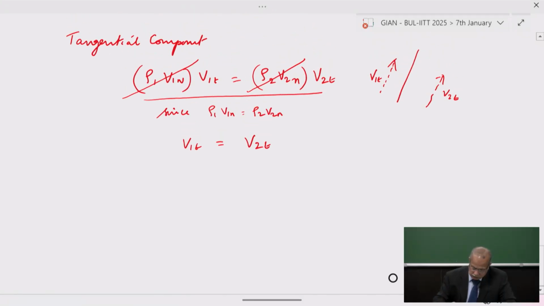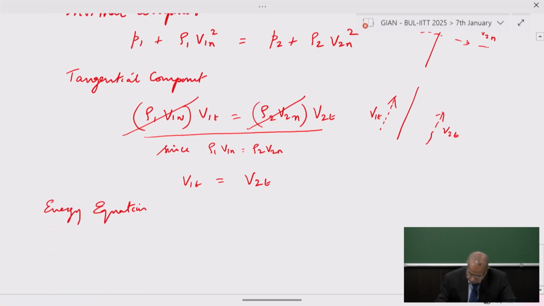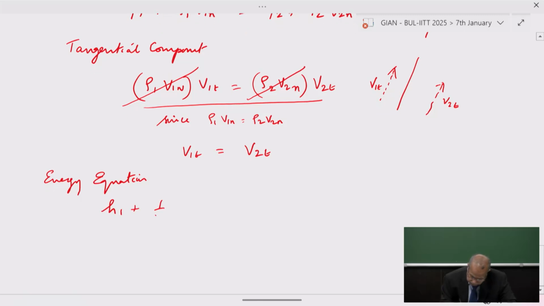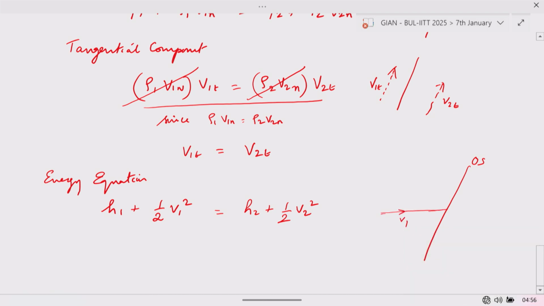Okay, now let's look at the energy equation, which is h1 plus half v1 square is equal to h2 plus half v2 square. So when we look at an oblique shock, here is the flow encountering the oblique shock with velocity v1. The flow will pass through, but it will be inclined and move with velocity v2, and the flow will turn by an angle theta.